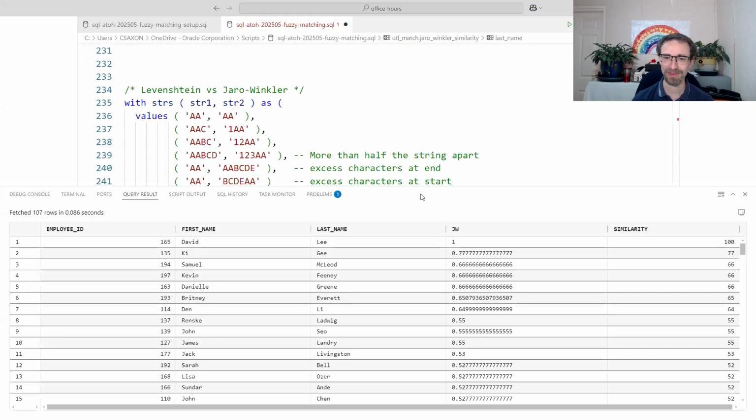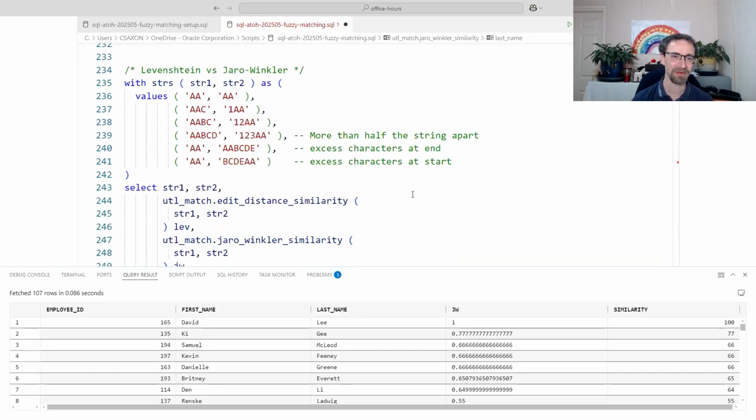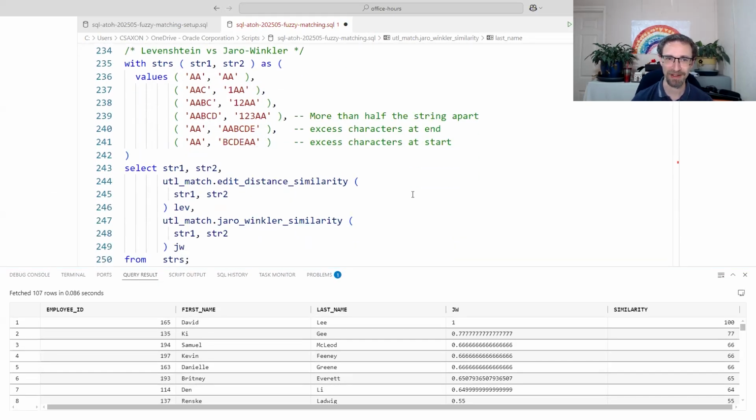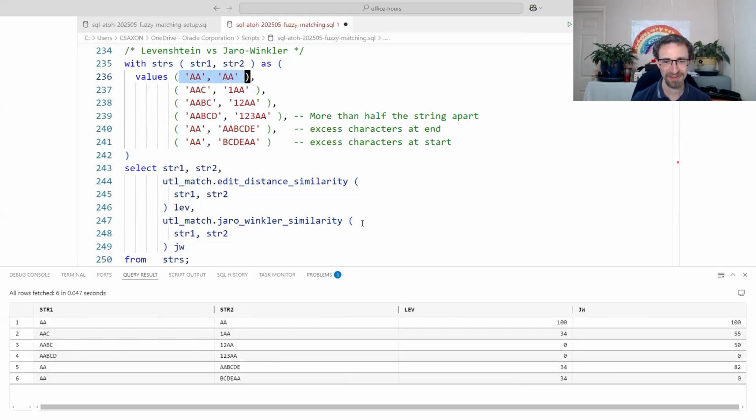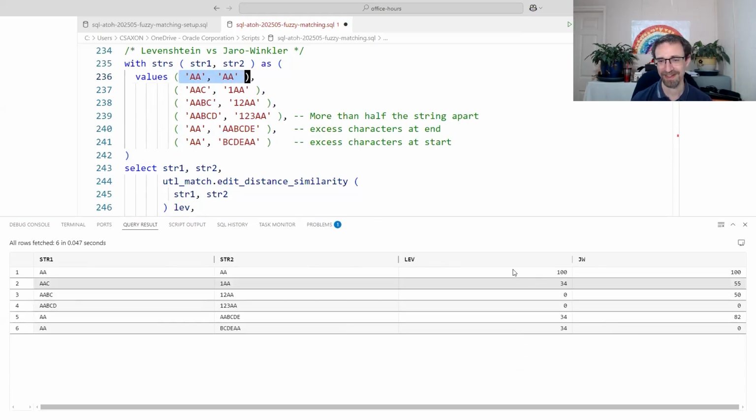Okay, so at this point you might go, well, we've got these two algorithms, Levenshtein and Jaro-Winkler. What's the real difference between them, and why would you use one or the other? So here are some examples. They're not names, just letters, to hopefully help make this clearer. So we've got AA and AA. They're identical, so unsurprisingly they have an exact match.